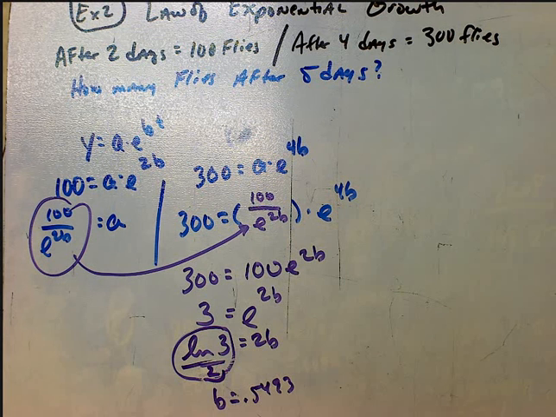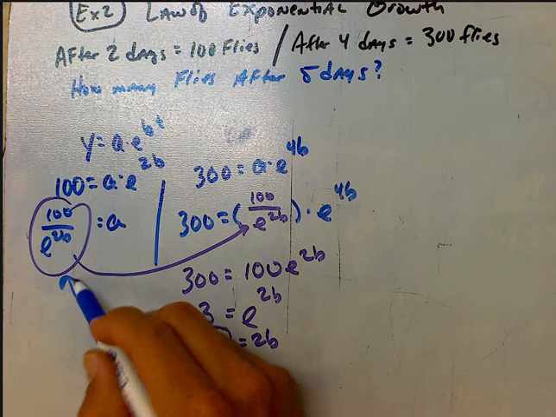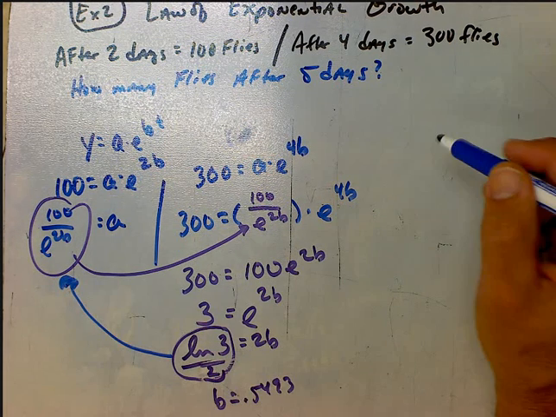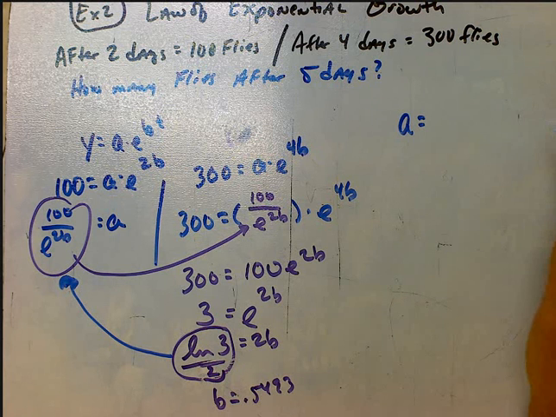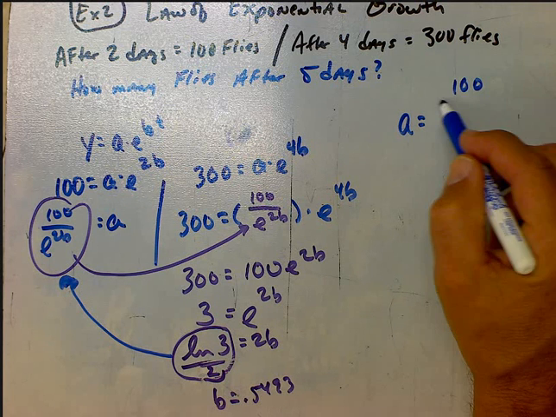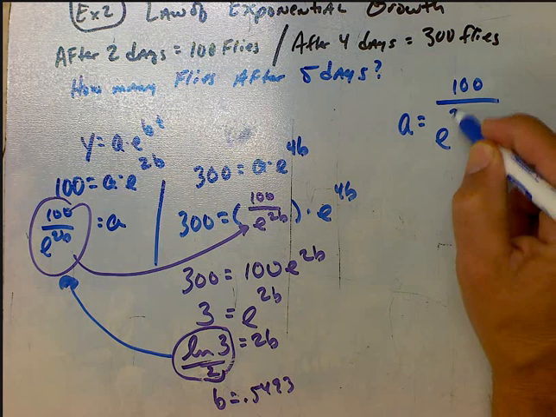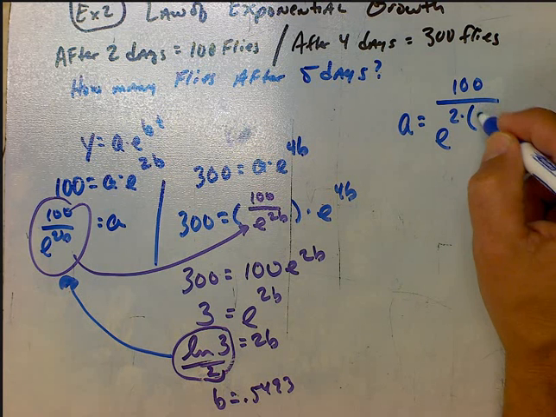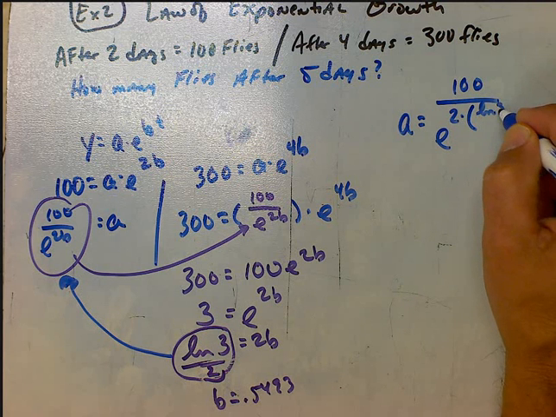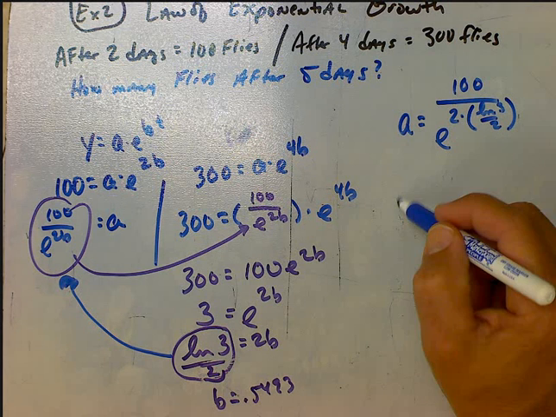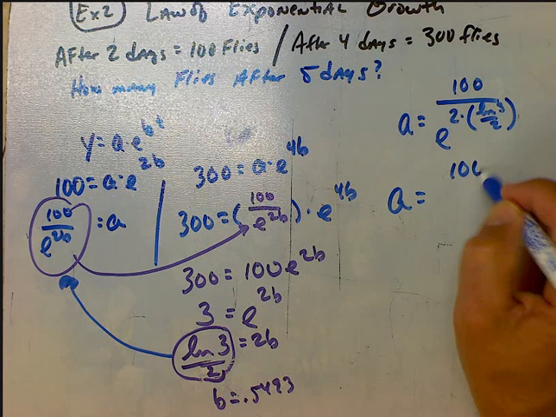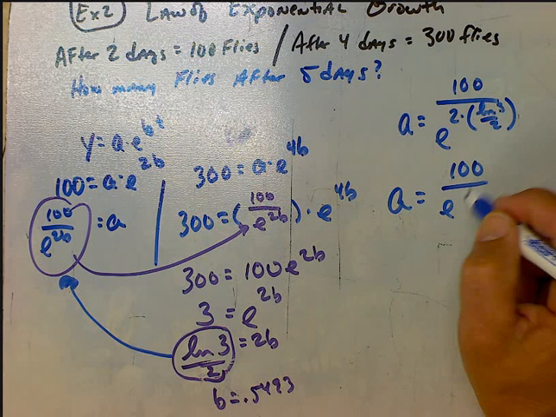So now that I've solved this, I'm going to go back and put this number back into here. And so that's going to give me a equals 100 divided by e to the 2 times natural log of 3 divided by 2, or a equals 100 over e to the natural log of 3.